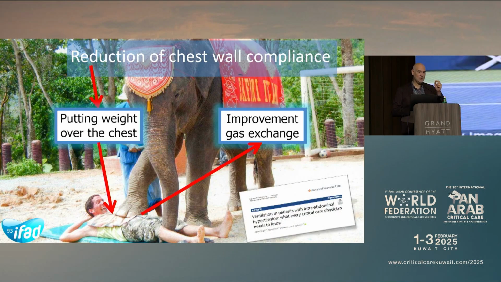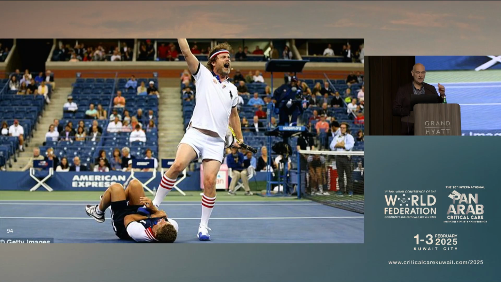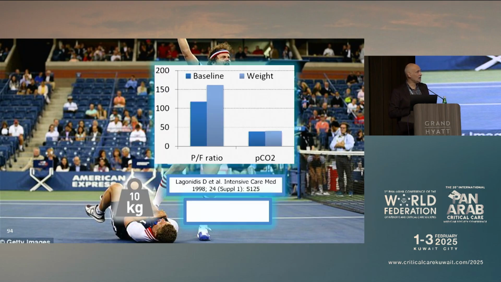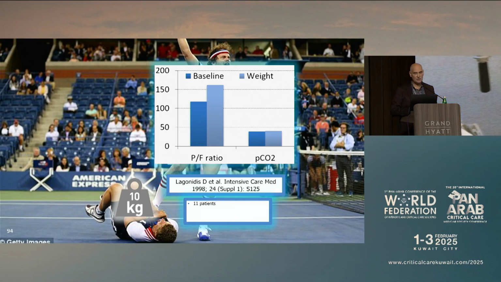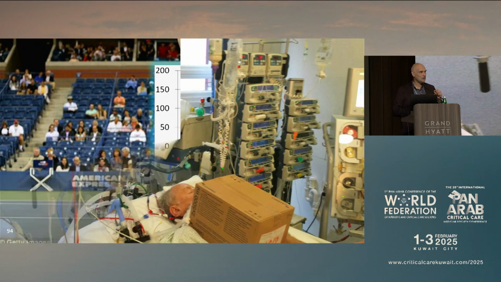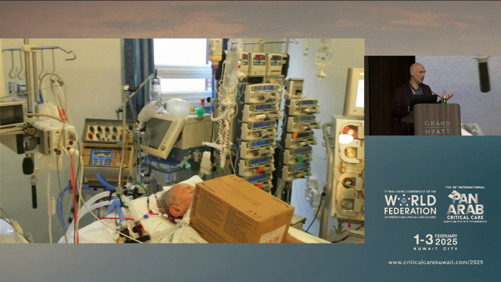So putting a weight, e.g. for 10 kilos on the chest, may improve oxygenation. And this was a study in 11 patients where there were 8 responders, and this resulted in better oxygenation. This is what we do at the bedside. We don't do it when the family is there because they're gonna ask a lot of questions. But it makes sense. Why does it make sense?